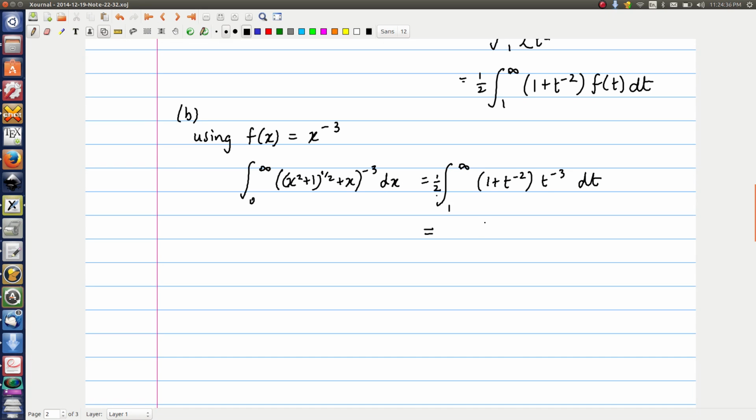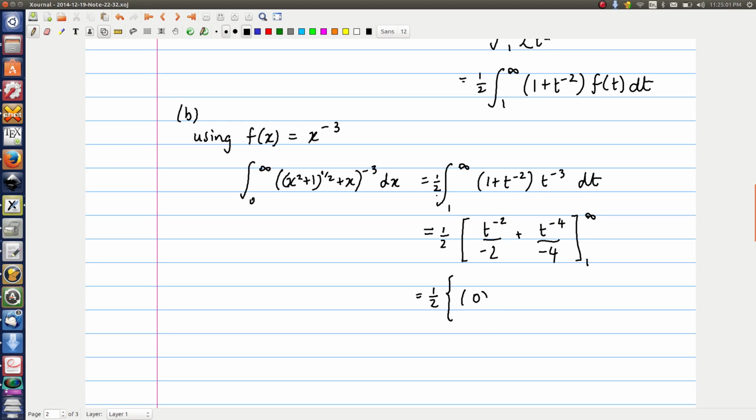t to the minus 3 becomes t to the minus 2 over 2 when integrated, and t to the minus 5 becomes t to the minus 4 over minus 4 when integrated, and the limits are 1 and infinity, and there's a factor of 1/2, so it's equal to 1/2 times, now obviously when we put in infinity we're going to get 0, so we've got to be a little bit careful about minus signs.